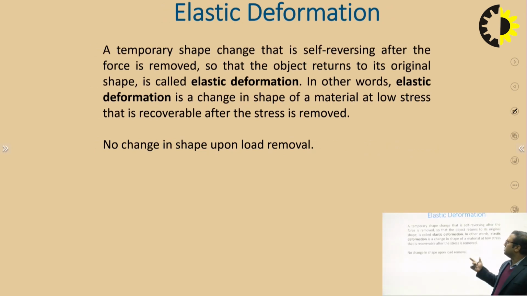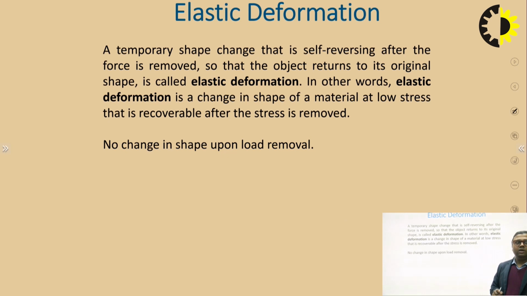Coming on to the next topic, the elastic deformation. Elastic deformation is the temporary shape change that is self-reversing after the force is removed, so that the object returns to its original position. Then this is known as elastic deformation. If the elastic deformation limit is crossed, then the material reaches the plastic deformation.